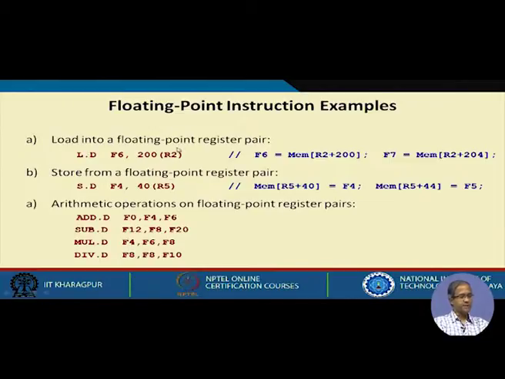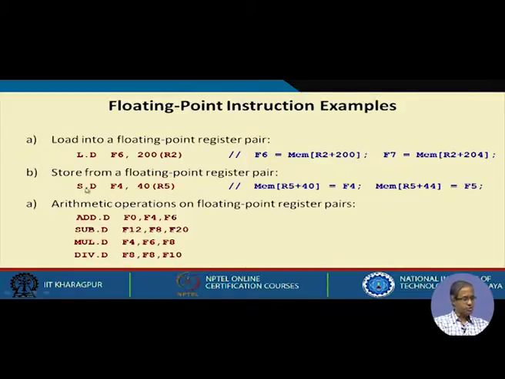Whenever you are specifying the memory address, we are specifying the integer register, 200 R2, which means memory 200 plus R2, and we are loading into F6 and also F7, because it is double precision. This is R2 plus 200, this will be R2 plus 204, because memory is byte oriented and every register is 32 bits. So, 4 addresses per register.